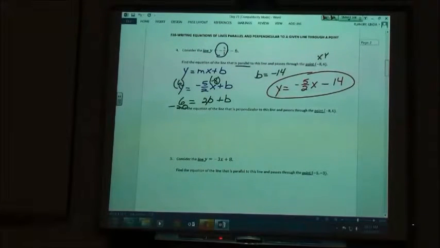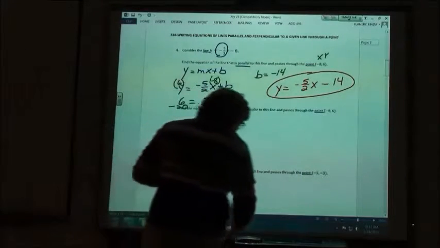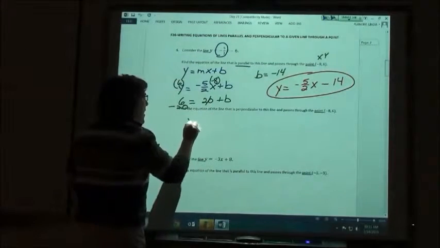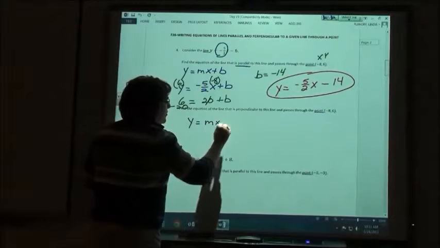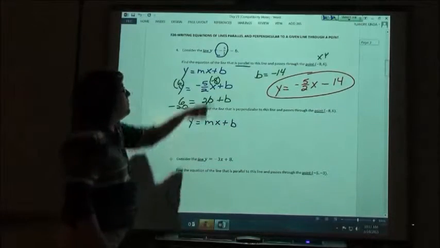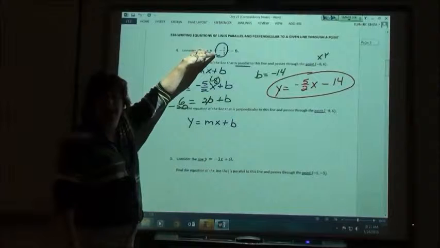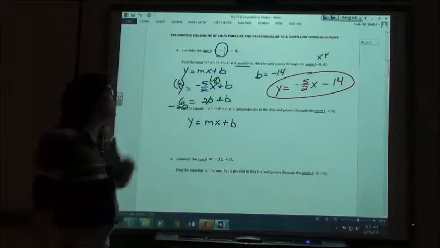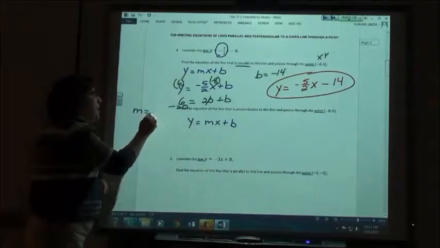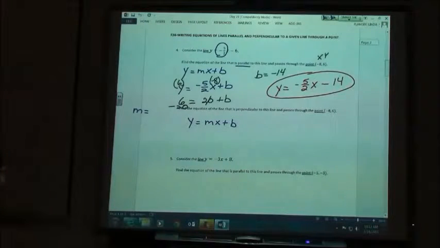Now the second part of this problem wants us to also write the equation of the line that is perpendicular to the given line. So, we know that y has to equal mx plus b if this line has a slope of negative 5/2. What is the m on my perpendicular line going to be?